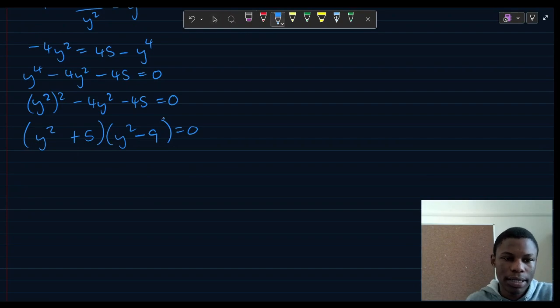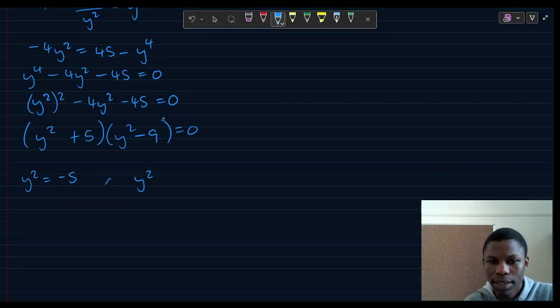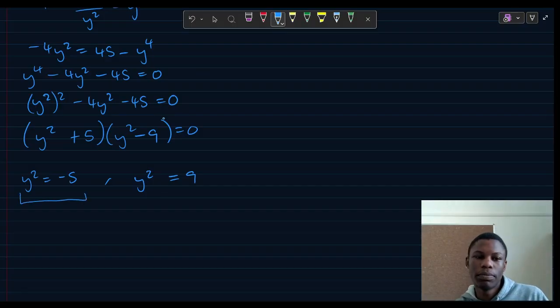And so this means that either y squared is -5 or y squared is 9. This first equation here is a problem because in terms of real numbers, we can't square a real number and then get a negative number, right? So this can't have any real solutions.